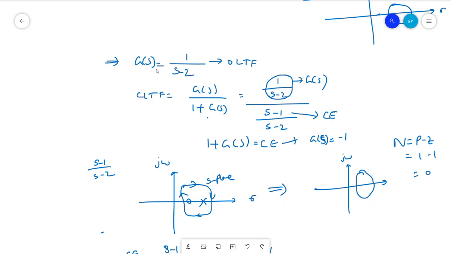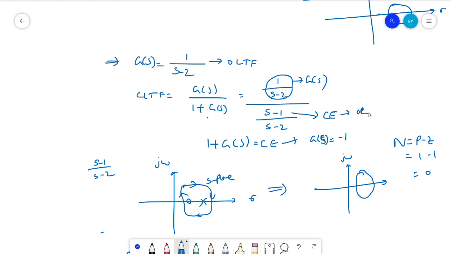So for the given open loop transfer function 1 by S minus 2, if you are writing a closed loop transfer function, it will be this way. And as I mentioned earlier, the poles of the characteristic equation are nothing but the open loop poles, the poles of the open loop transfer function.